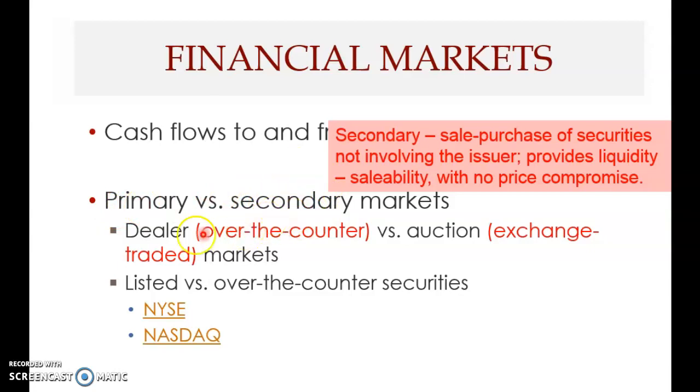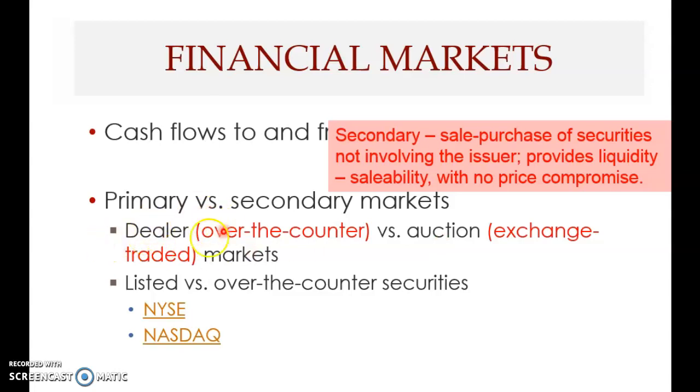All right, dealer. Secondary market can be divided into dealer, which is our over-the-counter markets. If you like, these are informal markets. And auction markets are called exchange traded or more formal markets. There is one place, auction markets like the New York Stock Exchange or the Bursa Malaysia shares. These are called auction markets where the shares are auctioned, meaning there will be many buyers and sellers, and these are matched by a formal exchange.